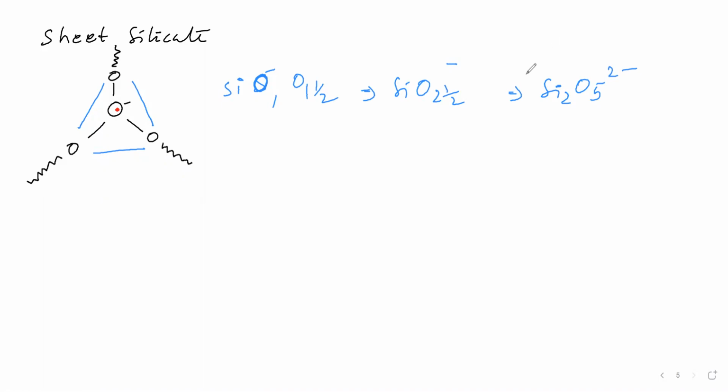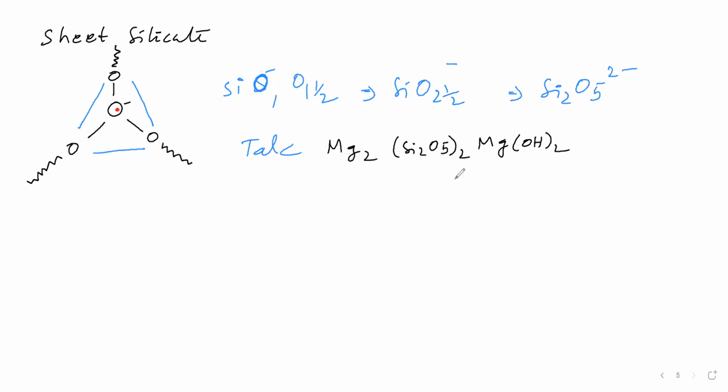For this example, we will see talc. Talc is the example. For this formula, Mg2 Si2O5 2 times, MgOH twice.